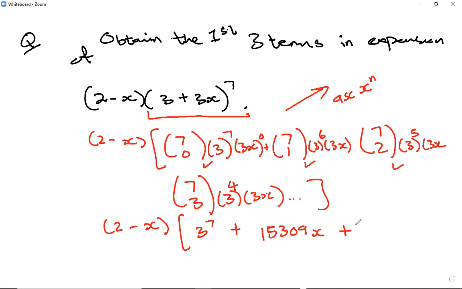And this, by the way, is 6. This is 1. This is squared. Here we go. Times another 3 there. Comes to 45,927 x to the power of 2.